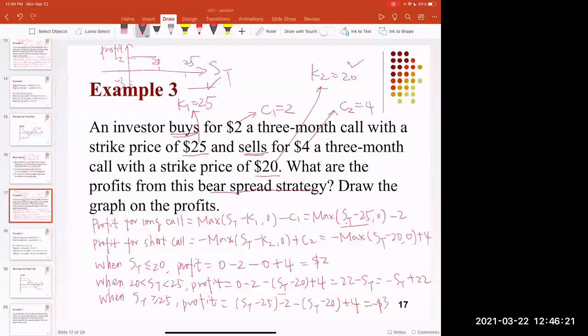The diagram just links between these two. So you see, when the stock price is lower, you have a positive gain. When the stock price is higher, you basically have a loss, but you have a maximum loss. Okay, so this is the bear spread strategy for calls.